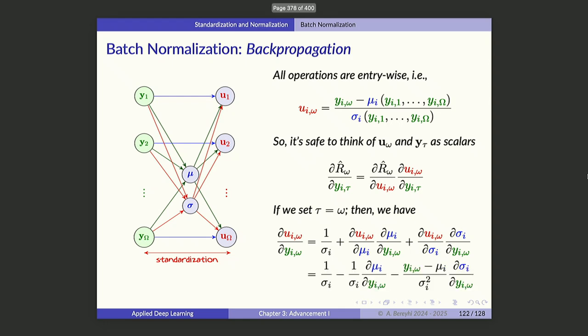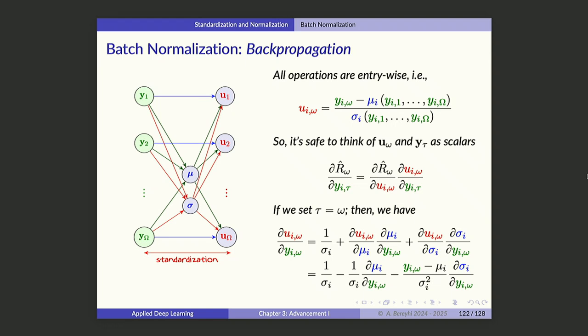So this one is minus the same numerator divided by sigma squared. And then you multiply them with the derivatives of mu and sigma with respect to y.